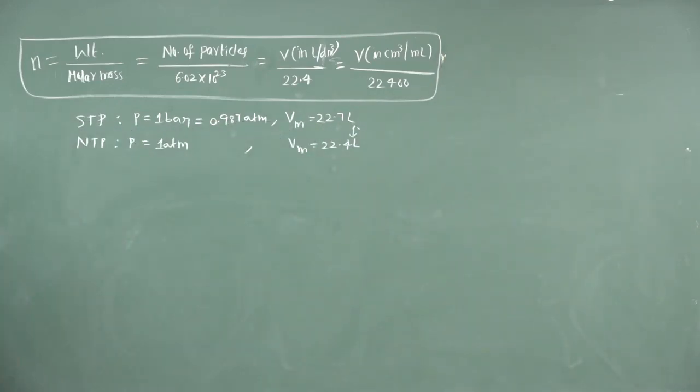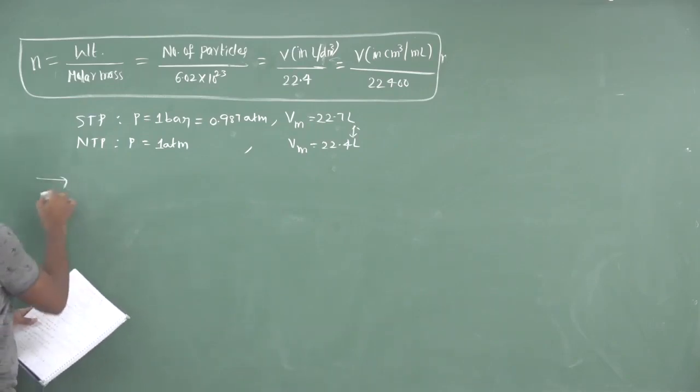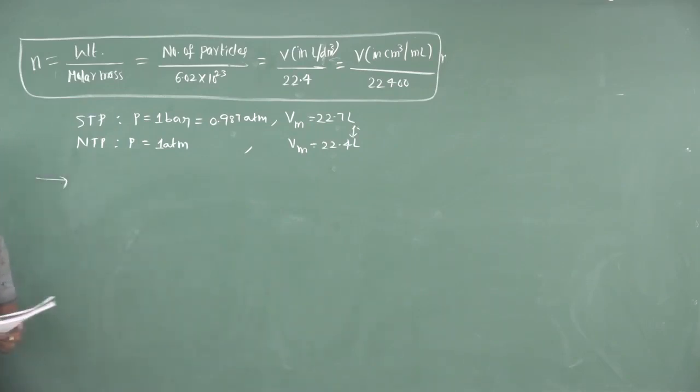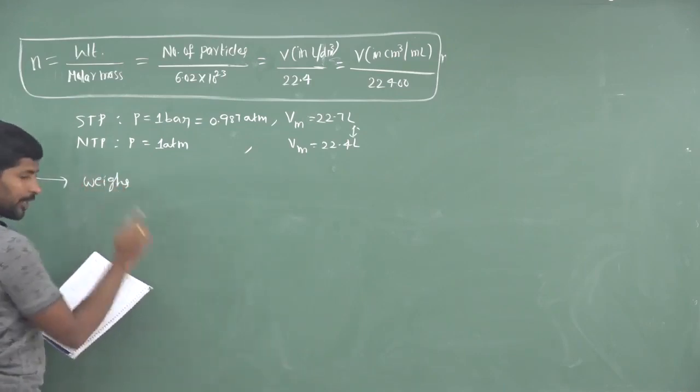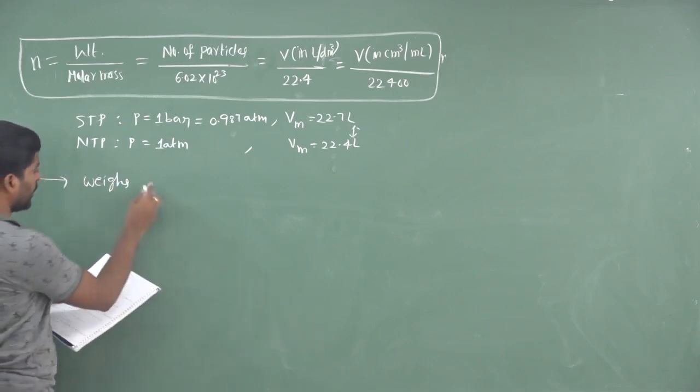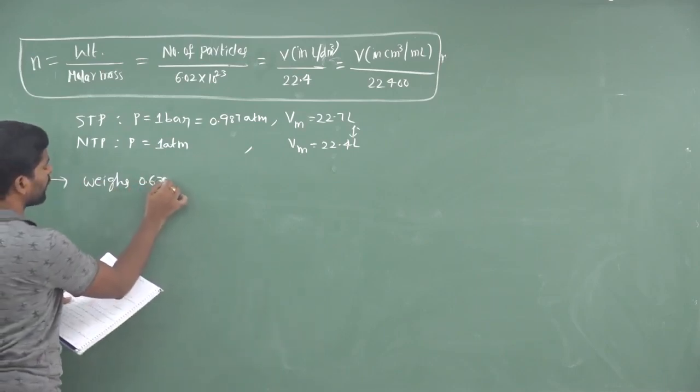Okay, now we see some conceptual questions based on mole concept. A piece of copper weighs 0.635 grams.